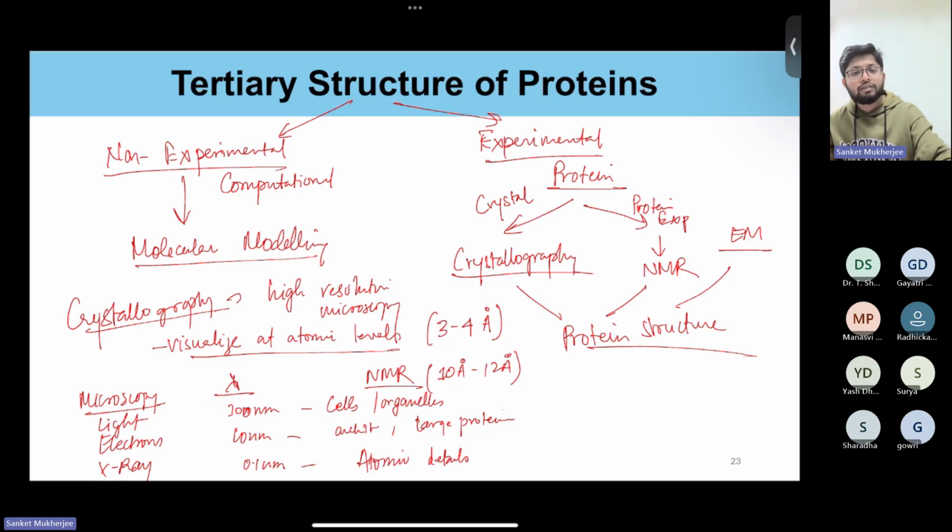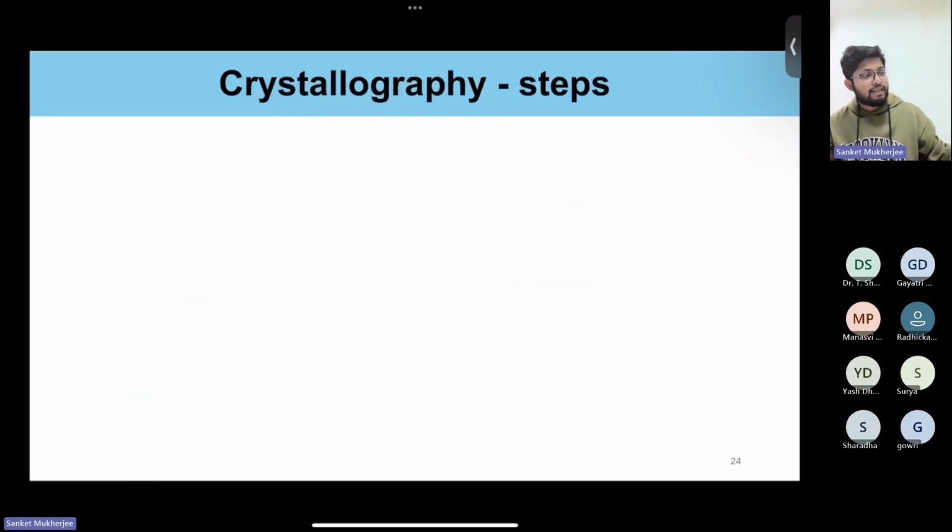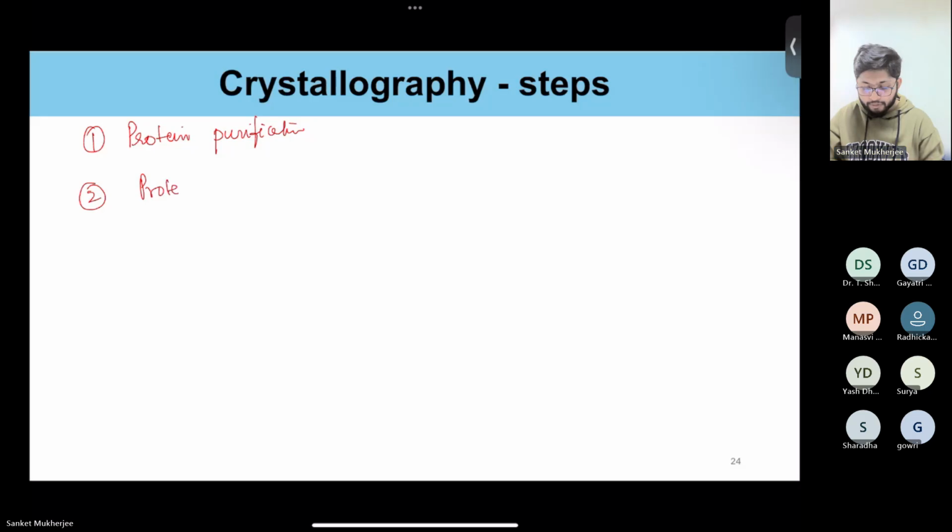Now, if we look at the individual steps, first you would go for protein purification. How to do that, we'll see very soon. Then you go for crystal formation. These crystals will basically diffract X-rays. And then we will collect this diffraction data.